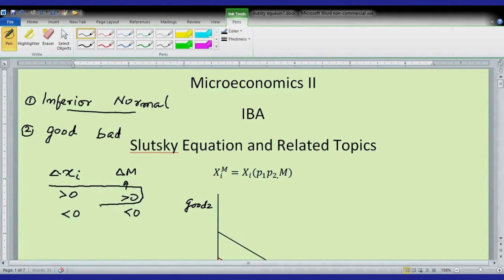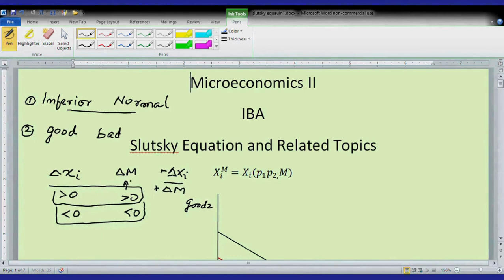Either both of them are simultaneously positive or both of them are simultaneously negative. And it is because of this reason that if we take this ratio delta xi over delta m, in the case of delta x and delta m greater than 0, this will be positive as well as this will be positive, and so this ratio will be positive.